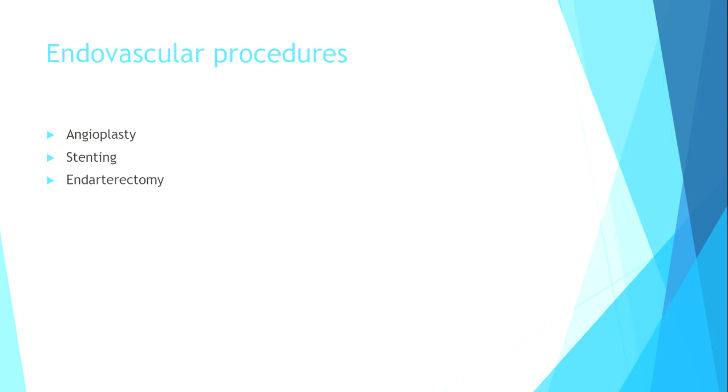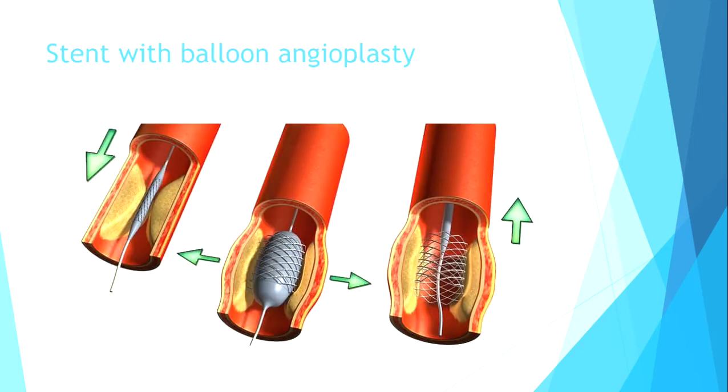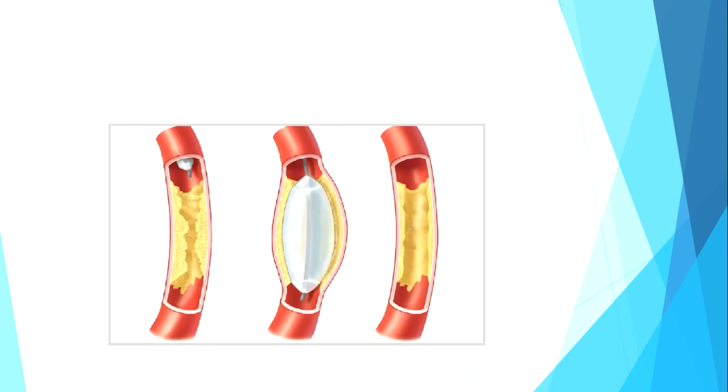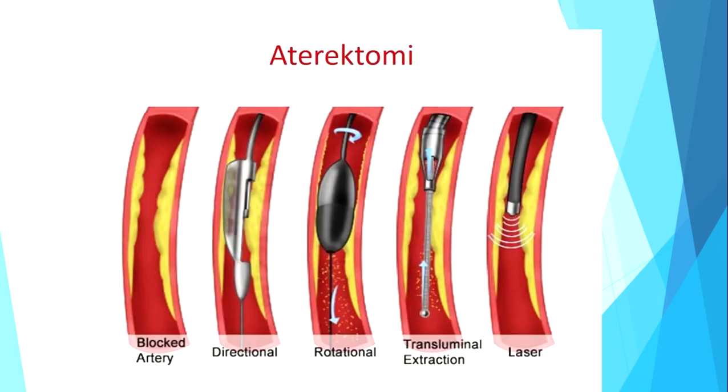We have three main endovascular procedures: angioplasty, stenting, and atherectomy. Here we see balloon angioplasty with stent placement. It's balloon angioplasty here, and different types of atherectomy.